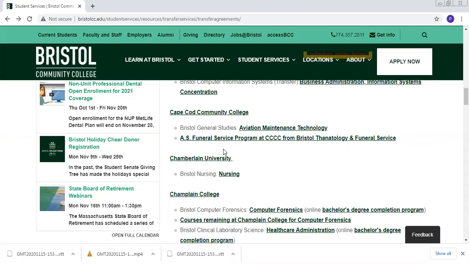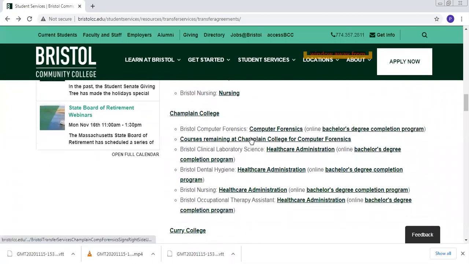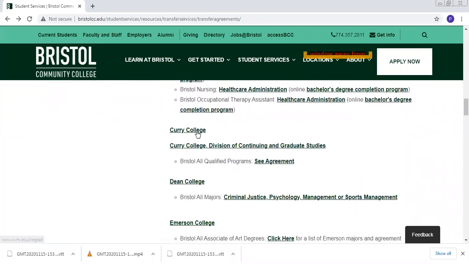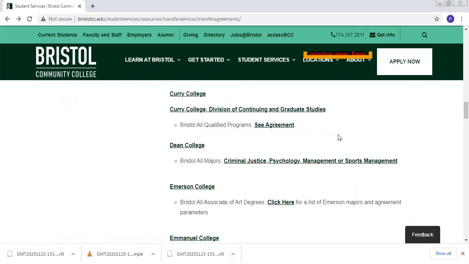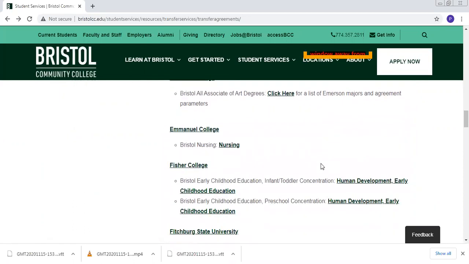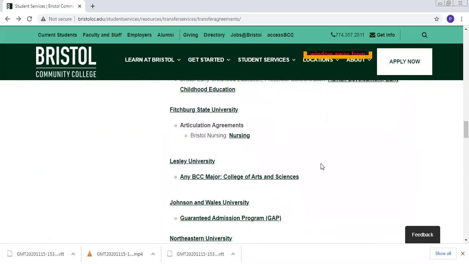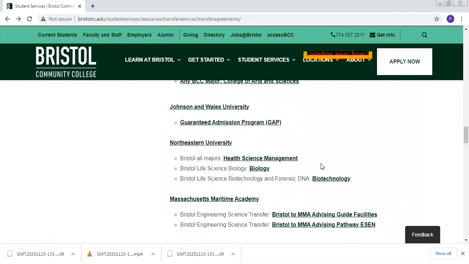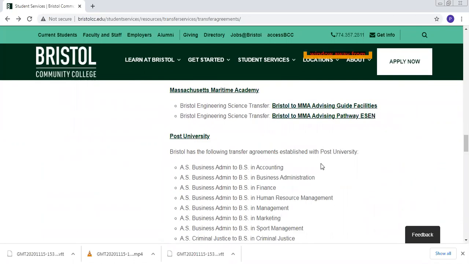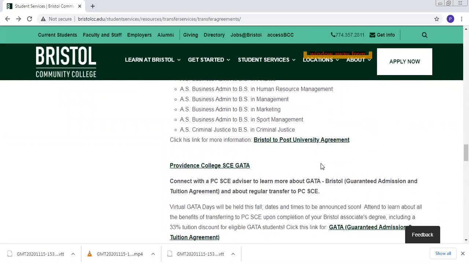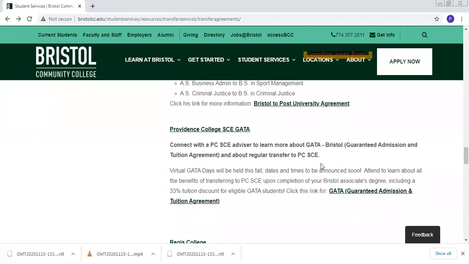So again, these are different colleges. Curry College is a private school in Milton, and we have an agreement with them. Dean College, and this goes on. So these are other options that you should be aware of, and things that you may consider when you're picking out places that you want to go to school.